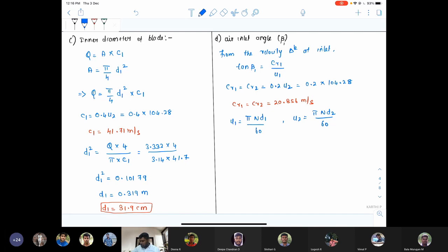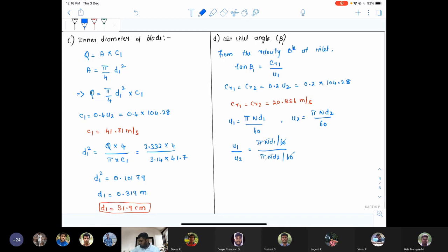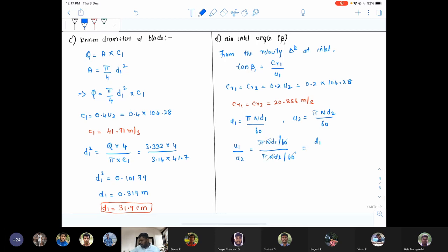Okay. Now on dividing this equation, that is U1 divided by U2, you will be getting pi n d1 divided by 60 divided by pi n d2 divided by 60. Anyway, these values get cancelled, and you will be getting d1 divided by d2.